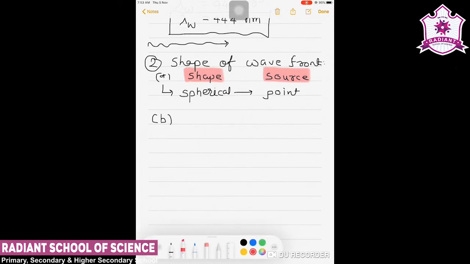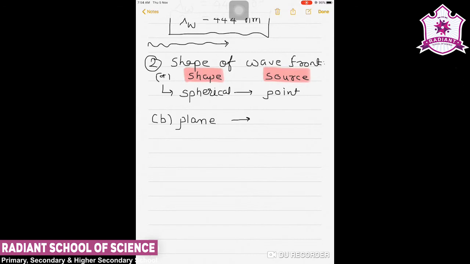So in the second case it will be a plane wavefront, and the point source was there in the previous case. Now here it is emerging from a convex lens.